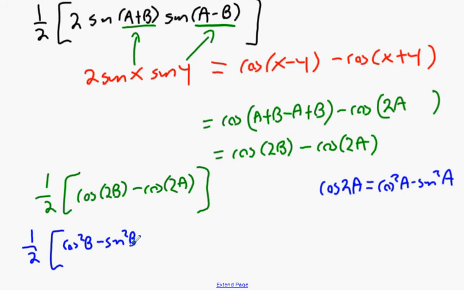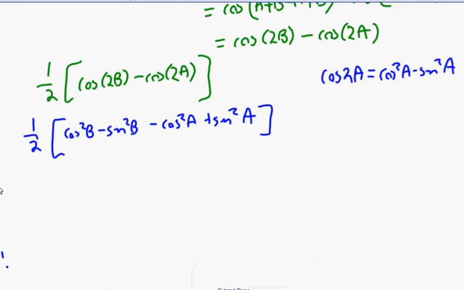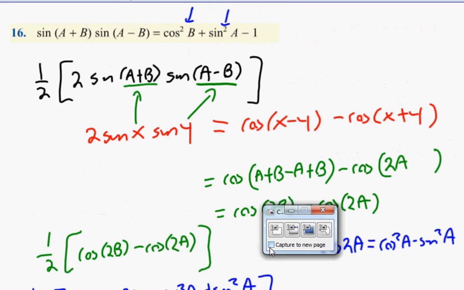Minus cos squared a plus sin squared a. Now, is that not going to cancel itself out then? No, they're different angles. One's b, one's a. Now, the whole point is that I get this here.